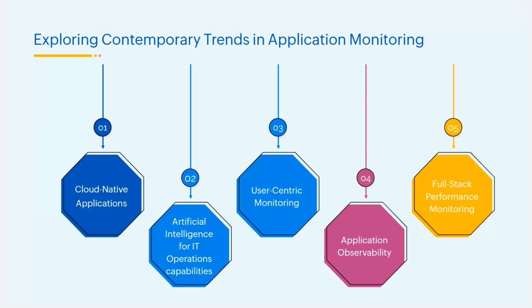Now, adding to that, here are some of the contemporary trends in application monitoring. So let us see them one by one. The first one is cloud native applications. Nowadays, larger enterprises have moved many of their applications to the cloud, where cloud native applications are scalable, flexible, and efficient, and use small independent building blocks like microservices and containerization, commonly Docker and Kubernetes.